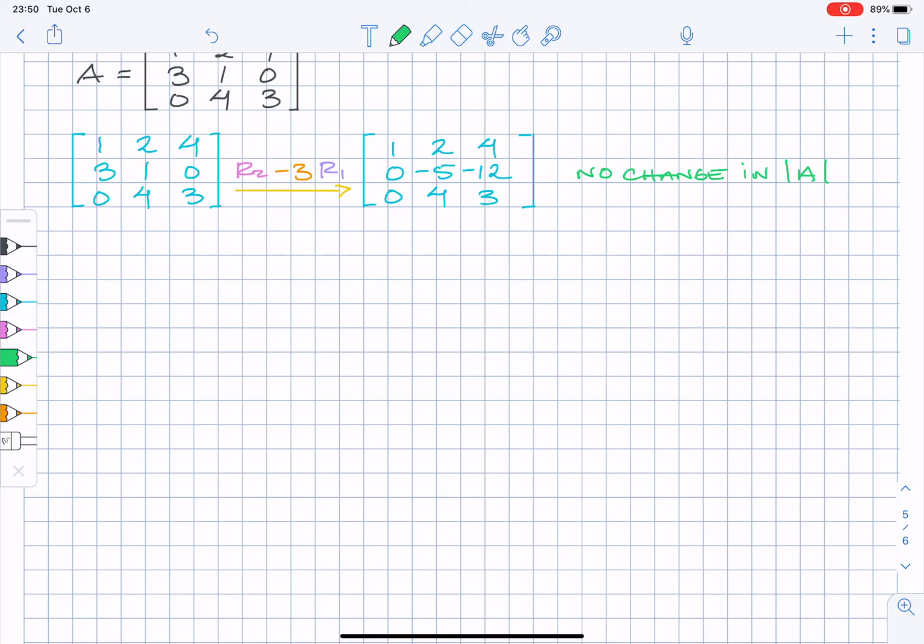Okay, well, let's continue. Let's do row 2 plus row 3, and you'll see why I'm doing this in a moment. Row 3, I guess I'll do in green.